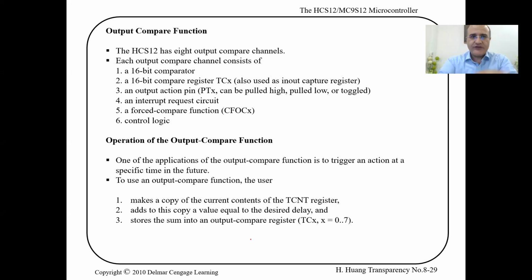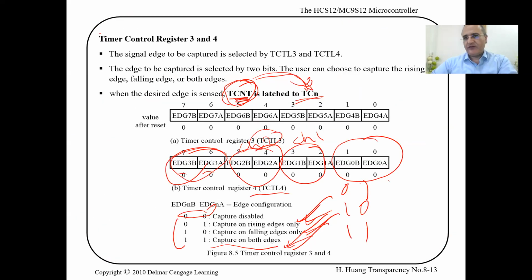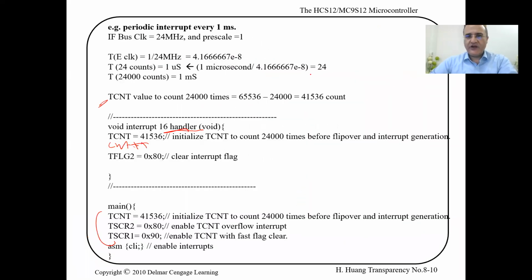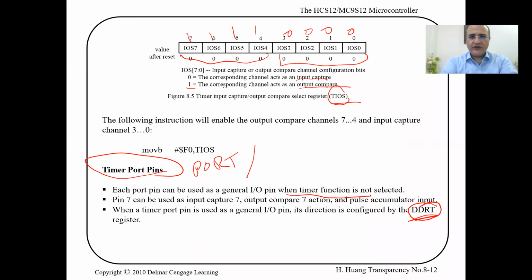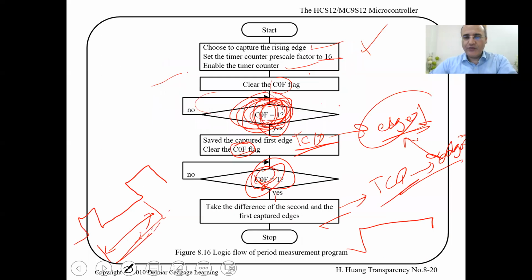Output compare functions. You can configure any of the 8 channels we mentioned at the beginning in the timer module. Any of these can also be configured using the TIOS register to work in output compare mode. What does output compare mode do?